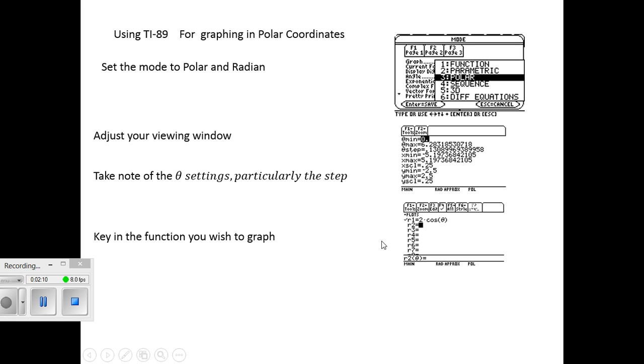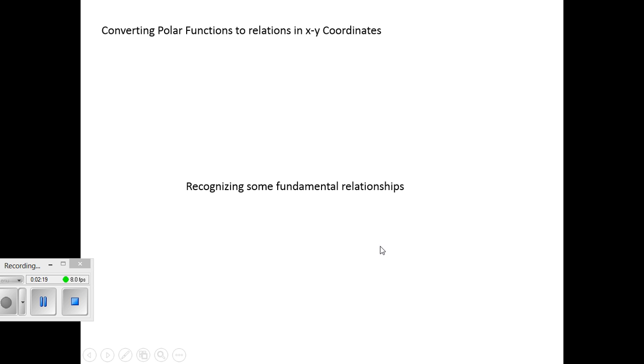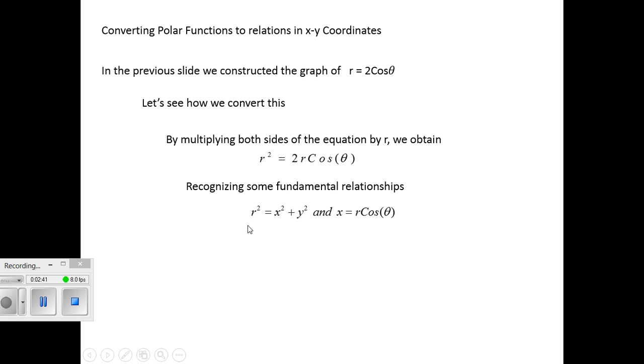And then once you go into the graphing mode, you can just put in the function you want to graph, and we've looked at that numerous times. If we wanted to convert that over to rectangular coordinates, we saw that we could take that starting equation and multiply both sides by r, and then recognize that we have r cosine theta in here, which is the x value, and r squared is x squared plus y squared.